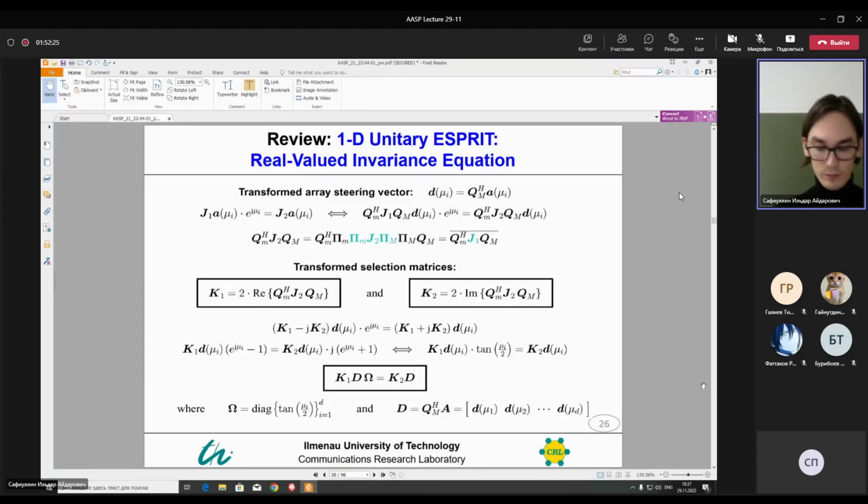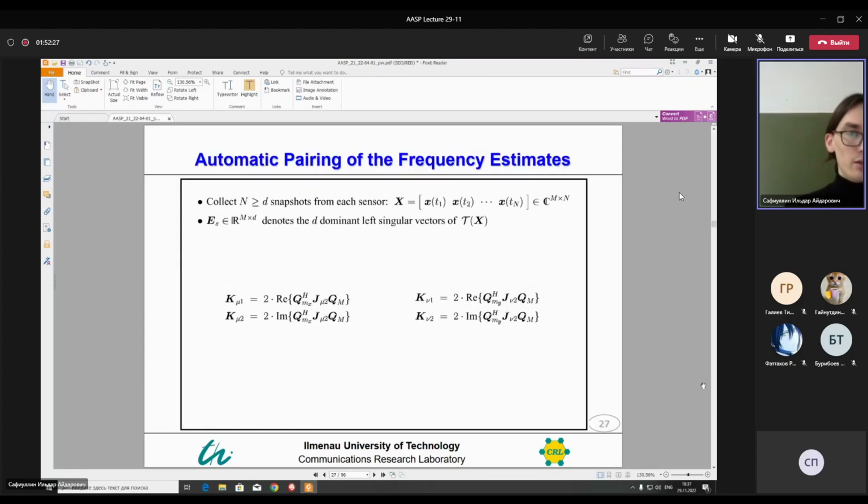And now, let's go next. So here you can see the selection matrices for our 2D unitary ESPRIT. You can see that we use only the second selection matrices as before, here and here.